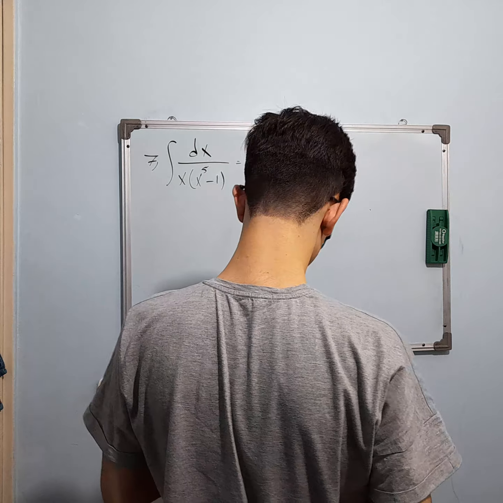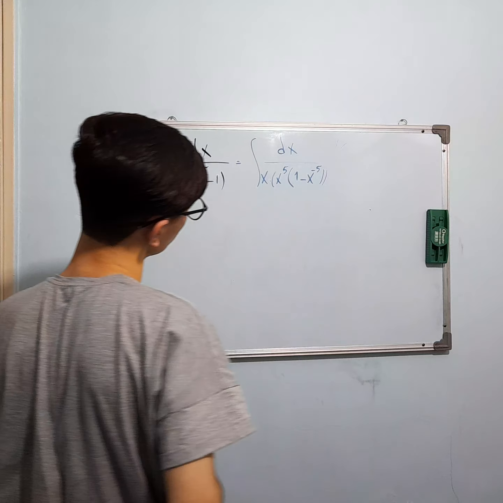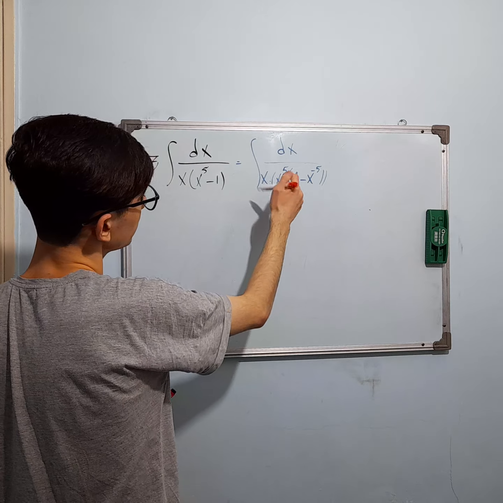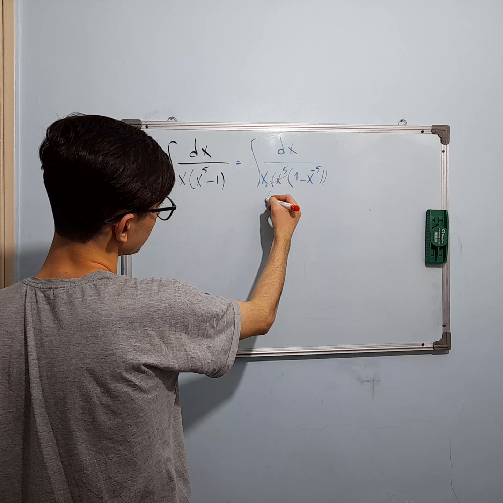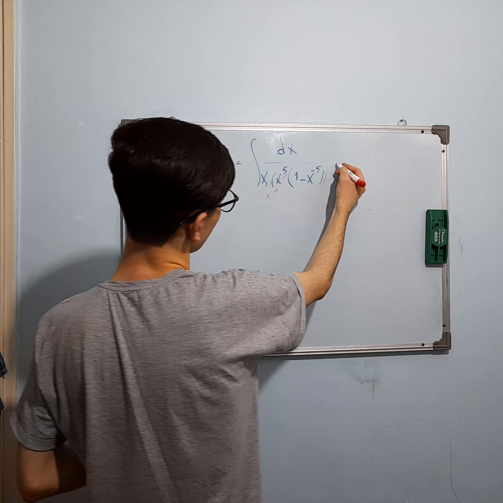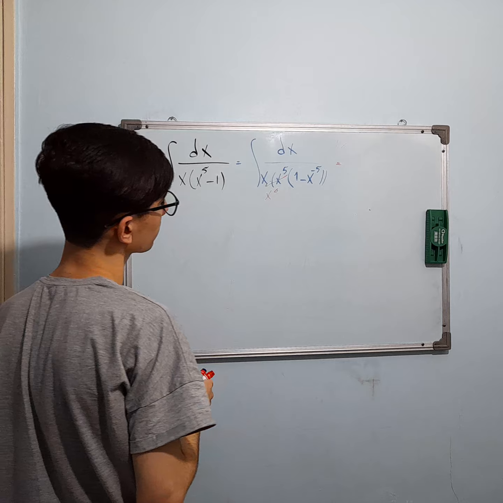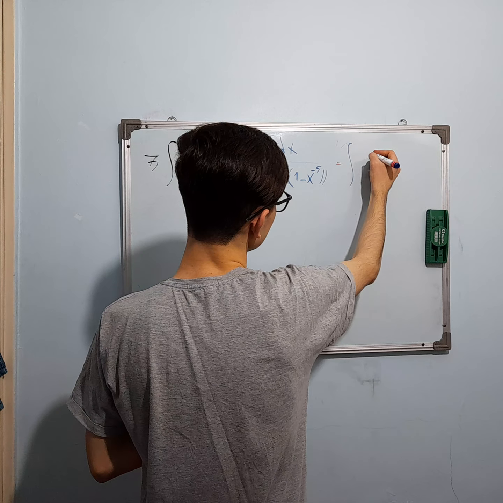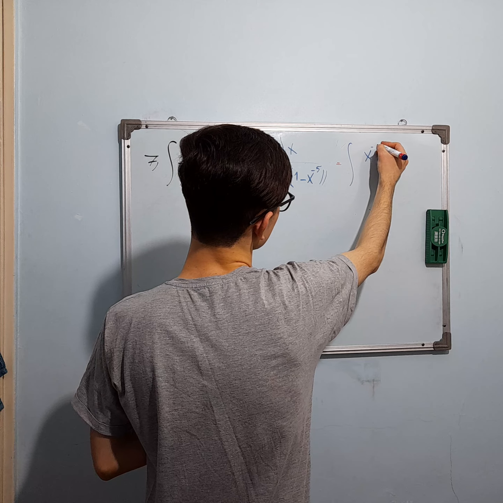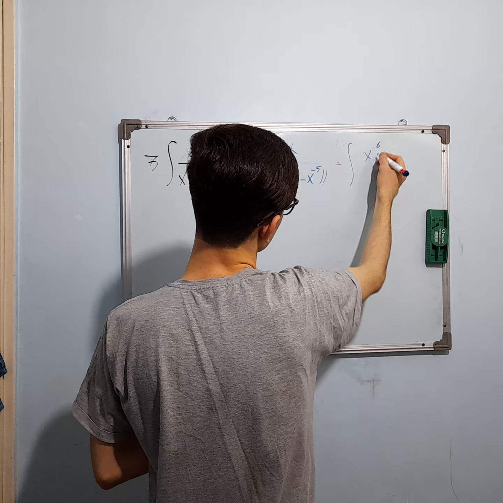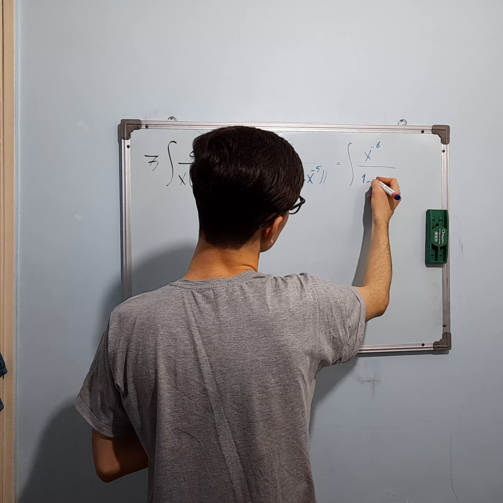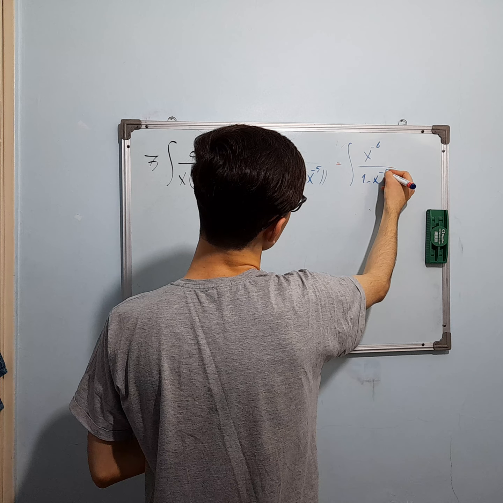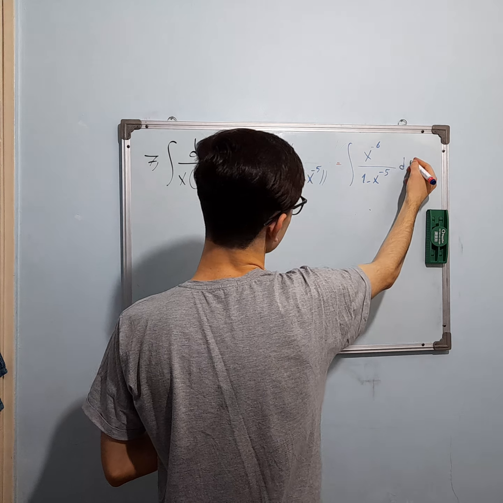So now x times x to the fifth power is x to the sixth power, and I bring it to the top: integral of x to the negative sixth power over 1 minus x to the negative fifth power dx.